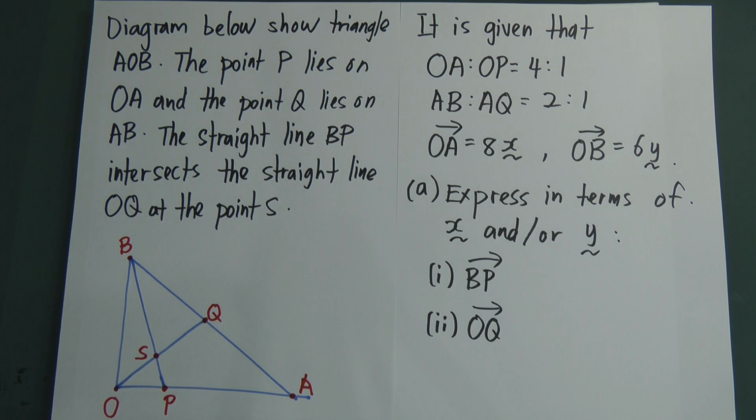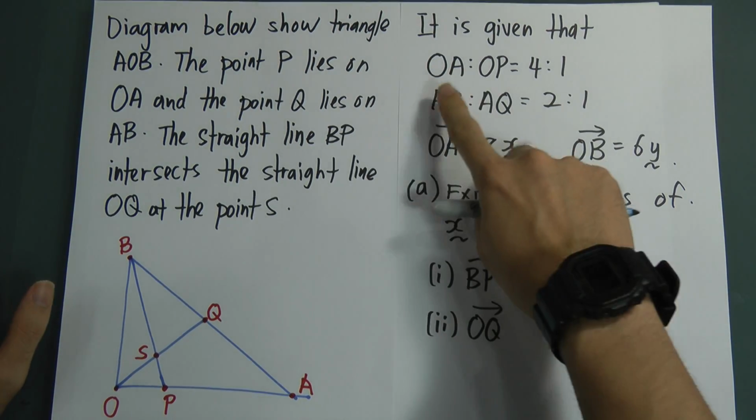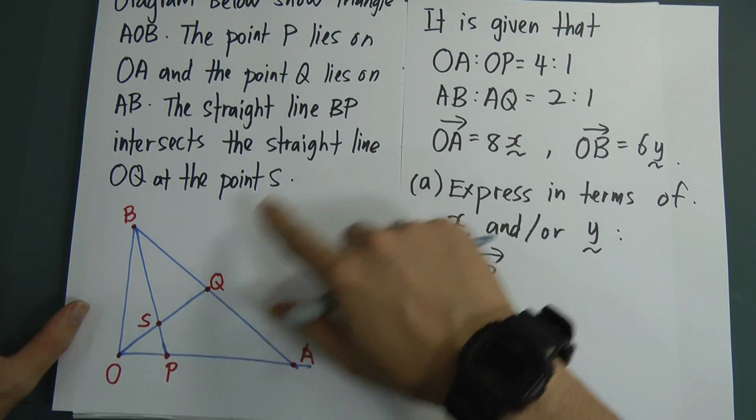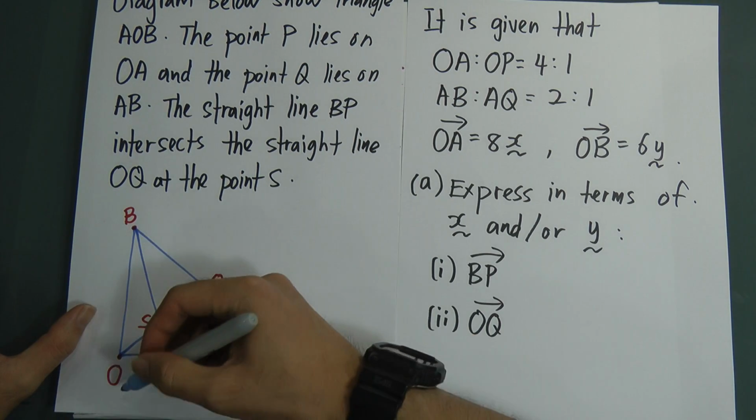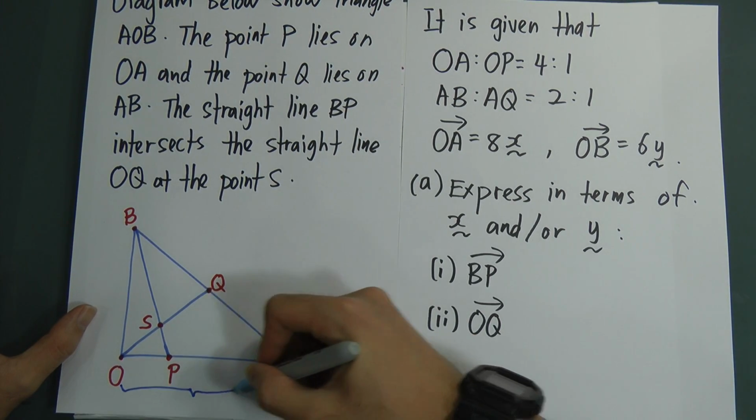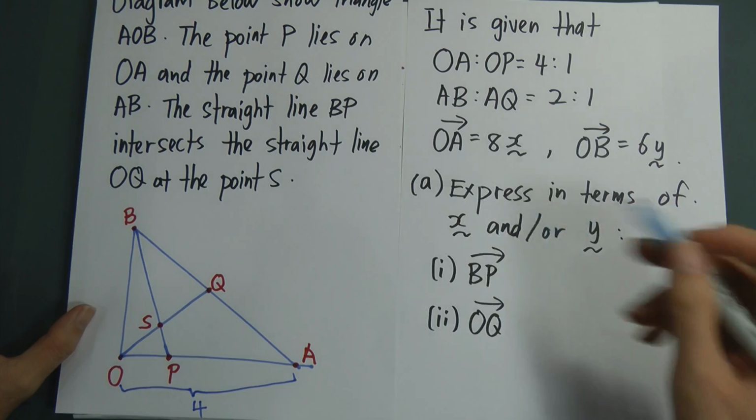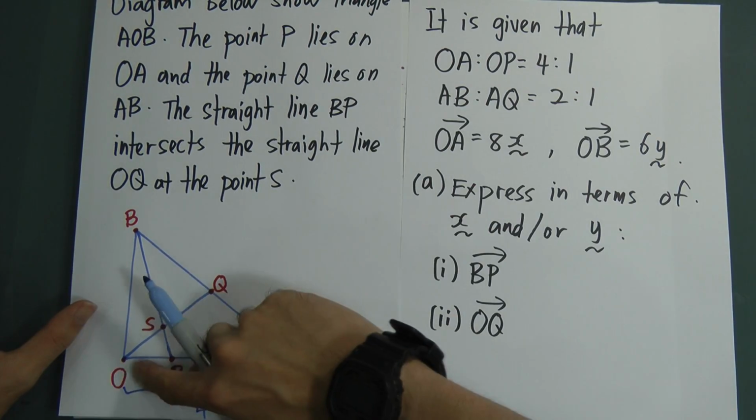So OA, where is OA? This is OA, so everything over here will be 4. And then OP, this is OP.